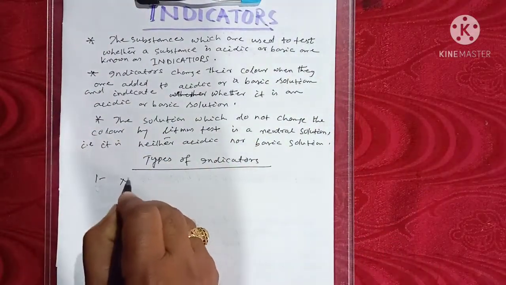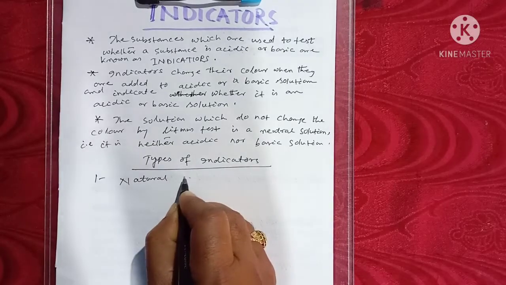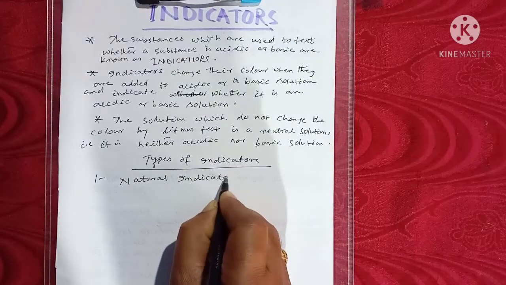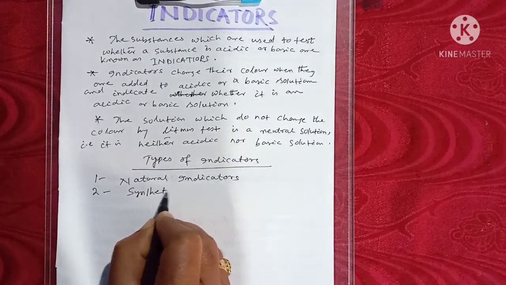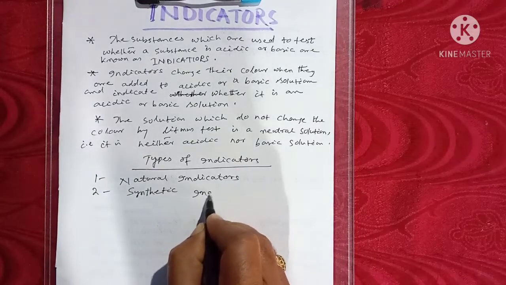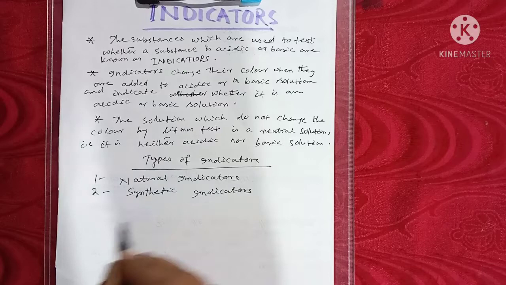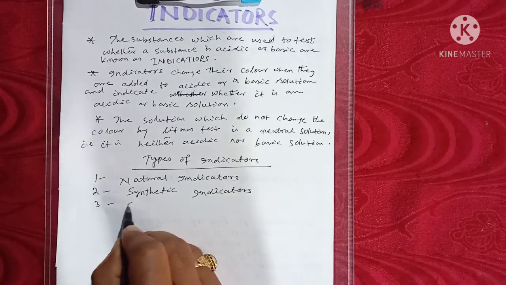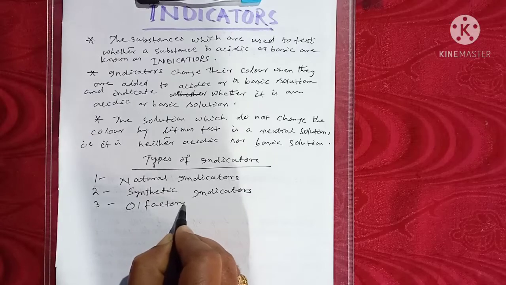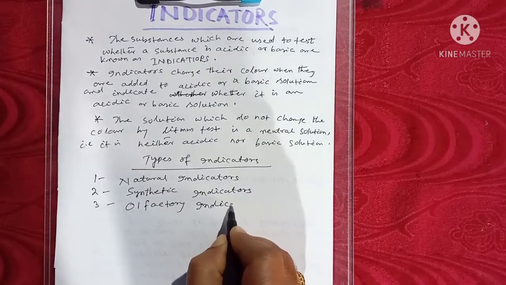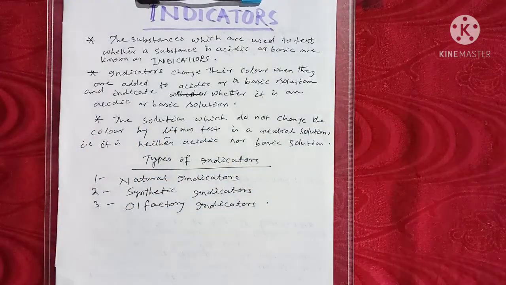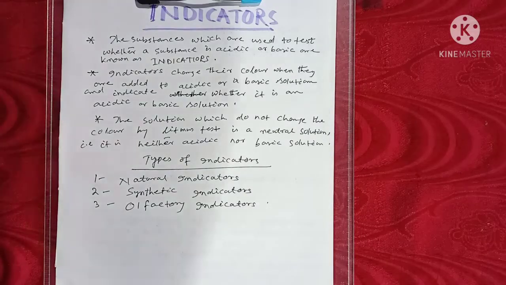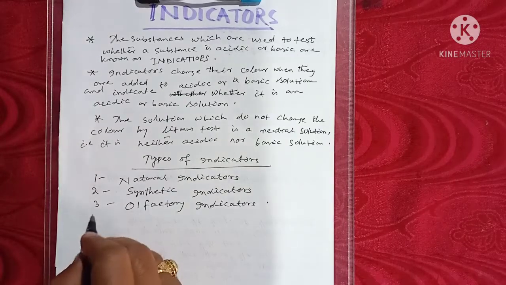One is your natural indicators, another is your synthetic indicators, and another is your olfactory indicators. So here we shall discuss about the natural indicators, and in the next class we shall discuss about the synthetic and olfactory indicators.